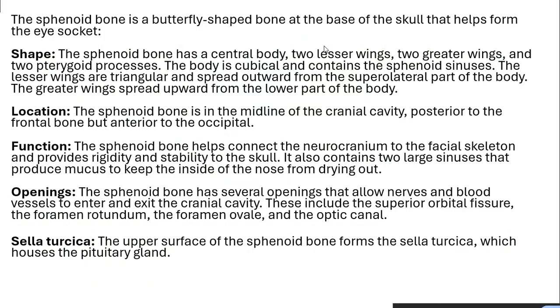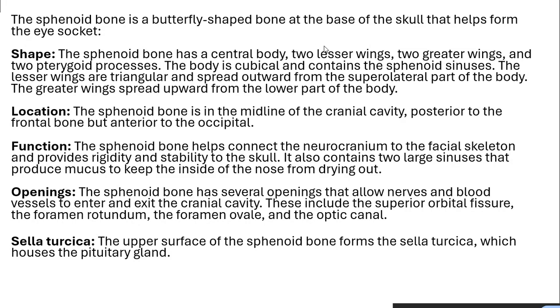Function. The sphenoid bone helps connect the neural cranium to the facial skeleton and provides rigidity and stability to the skull. It also contains two large sinuses that produce mucus to keep the inside of the nose from drying out. So it has a very important function. Openings. The sphenoid bone has several openings that allow nerves and blood vessels to enter and exit the cranial cavity.